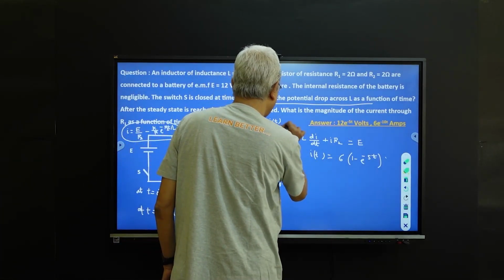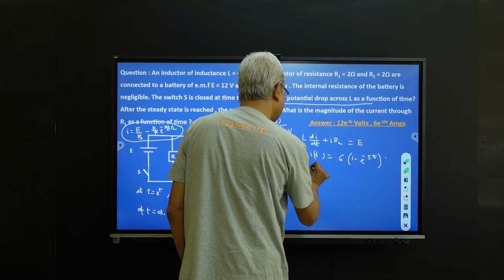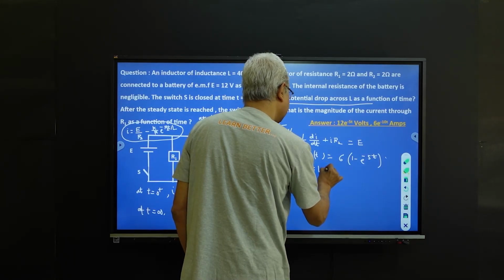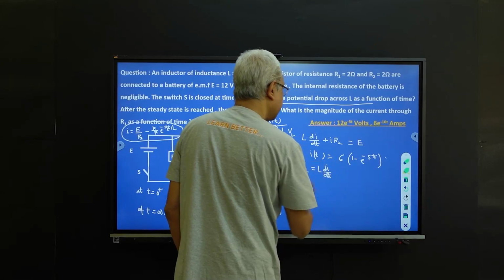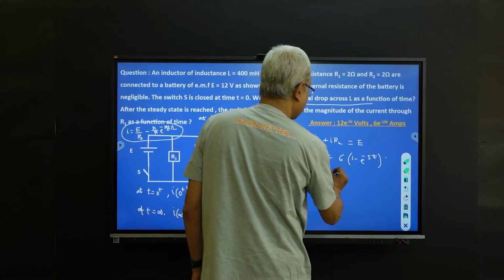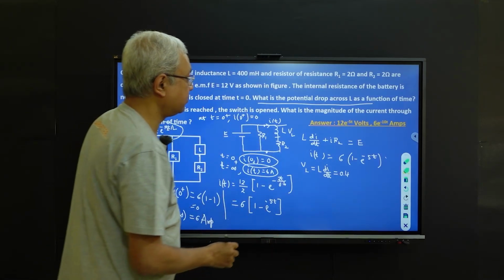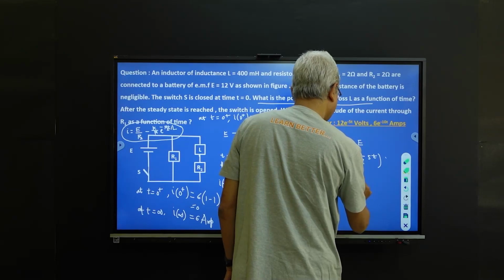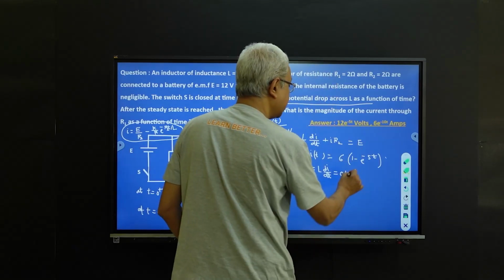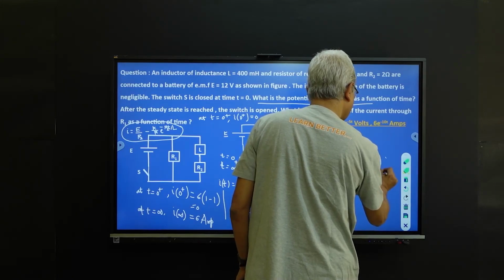The voltage drop across the inductor, if I call it VL, is nothing but L di/dt, where L is 0.4 Henry, multiplied by d/dt of I(t), that is d/dt of 6 times 1 minus e to the power minus 5t.